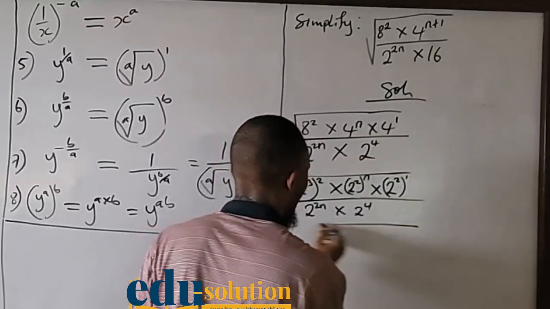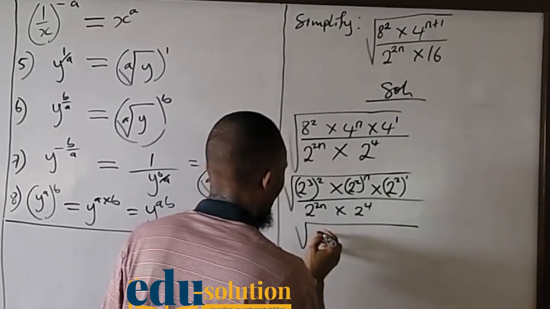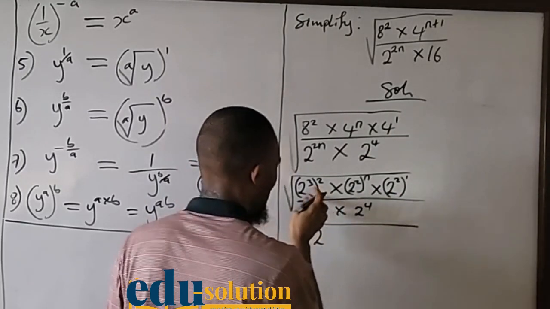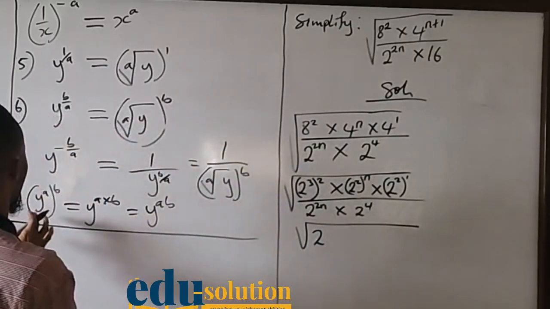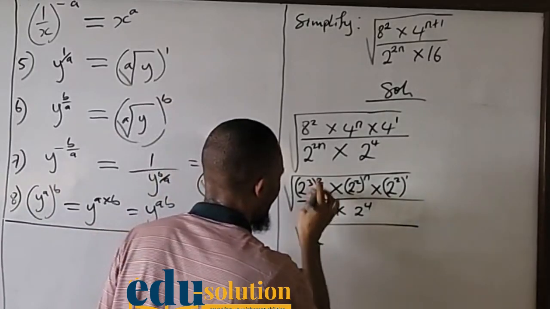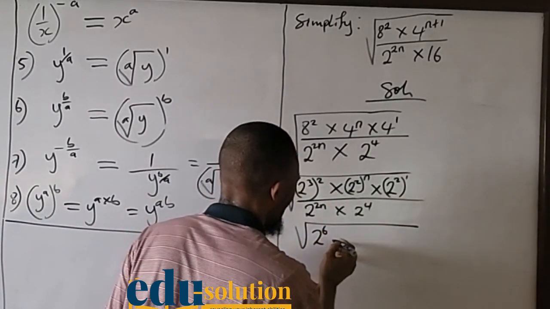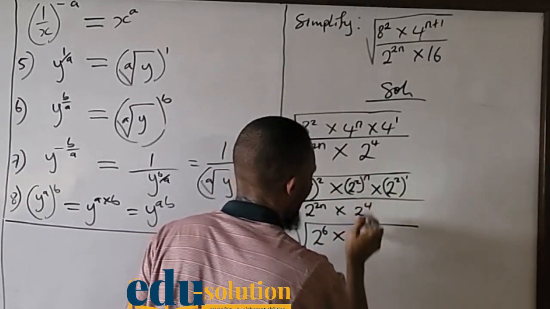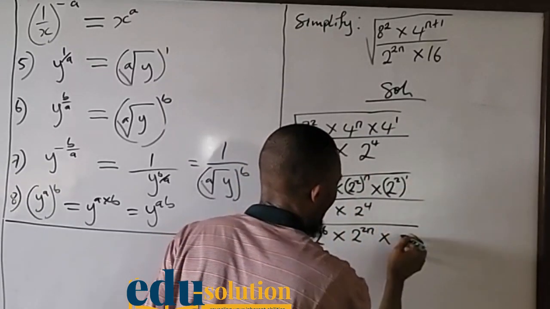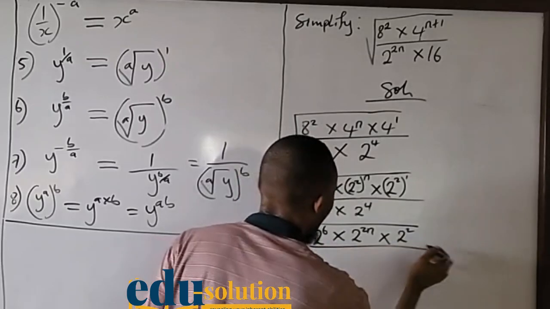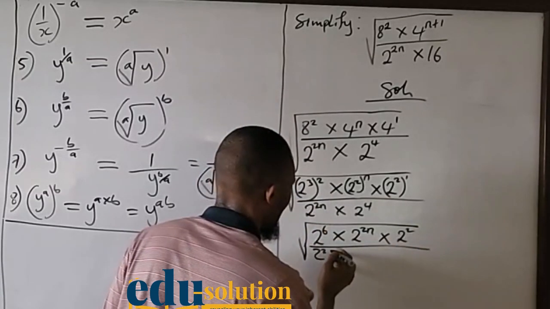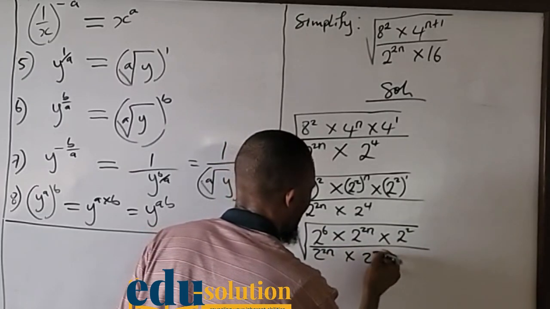On the final note, we have 2 raised to the power of 3 times 2, like I told you, the last law I gave you here, number 8: where we have a power and another power, we multiply them. So we're having 3 times 2, what? 6. Then times 2 raised to the power of 2n, and then times 2 times 1, we have 2 raised to the power of 2, everything over 2 raised to the power of 2n times 2 raised to the power of 4.